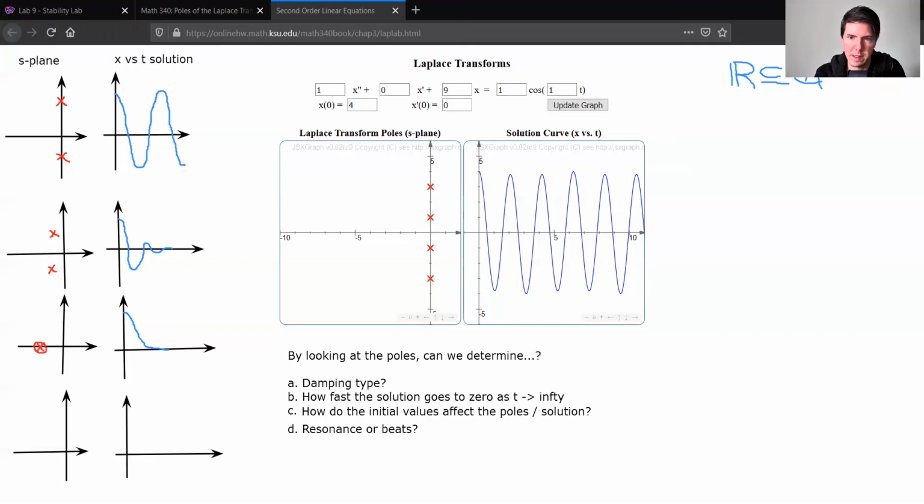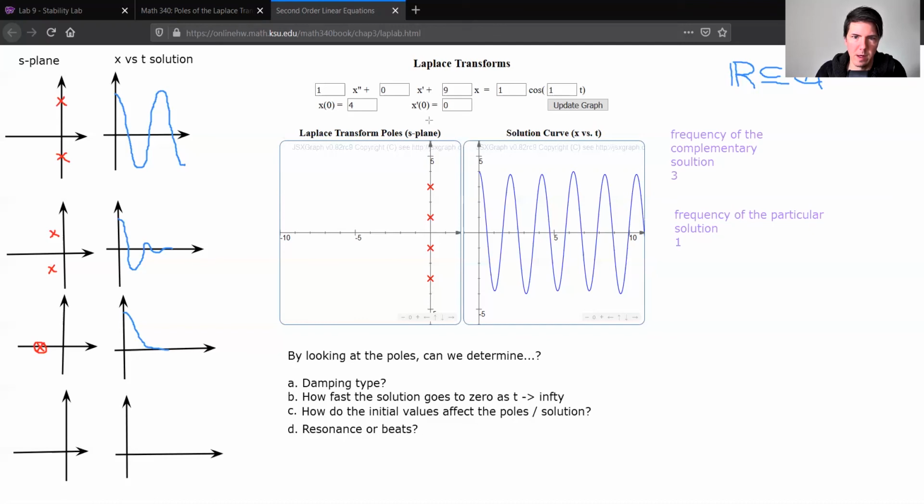So the frequency of the complementary solution, that frequency happens to be 3. And then the frequency of the particular solution, that happens to be 1.